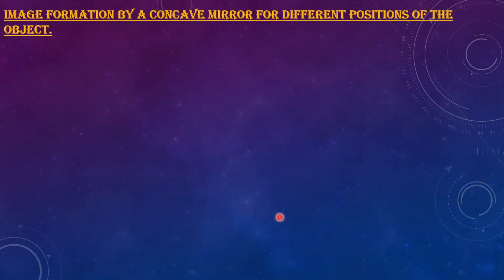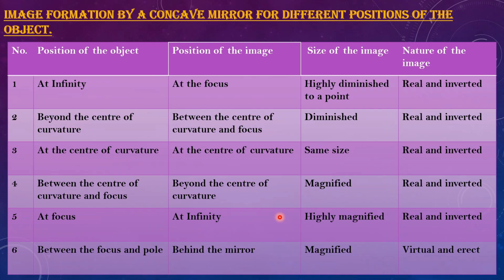Now, the image formation by a concave mirror for different positions of the object. We will be putting the object at different places and we will take a look at the position of the image formed, the size of the image and the nature of the image.